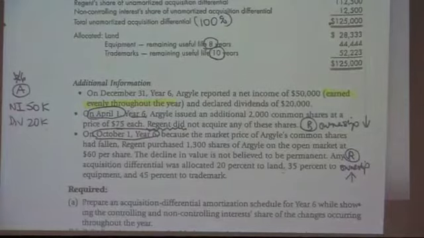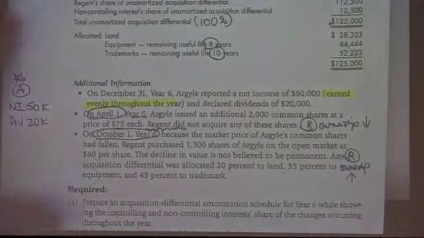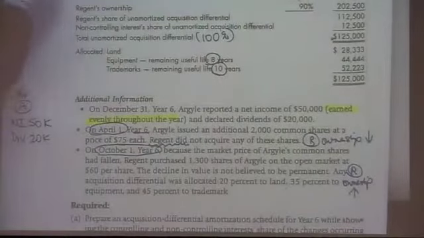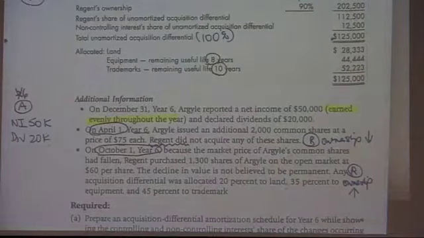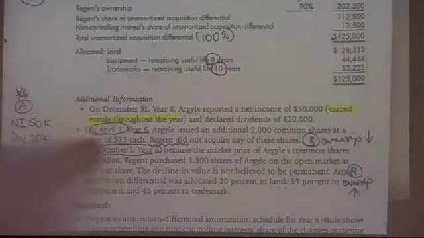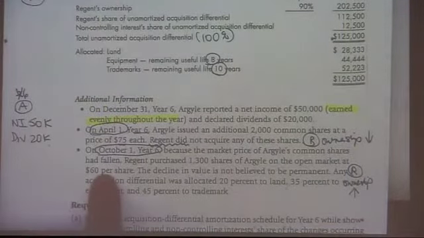So we need to be able to account for that. Now, if you think about what's going on, at the end of year 5, we already have 90% ownership. So what we want to be able to assess is whether Regent continues to control Argyle through the decrease in ownership on April 1st and an increase in October 1st.